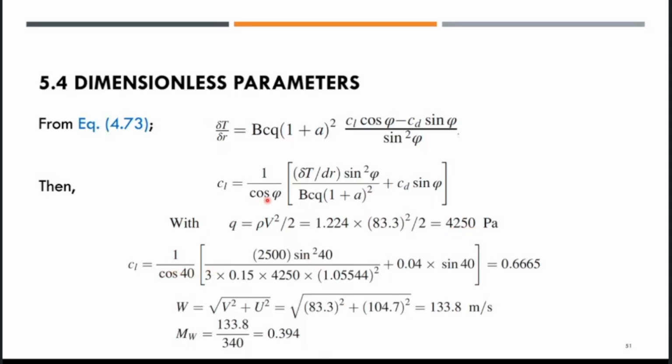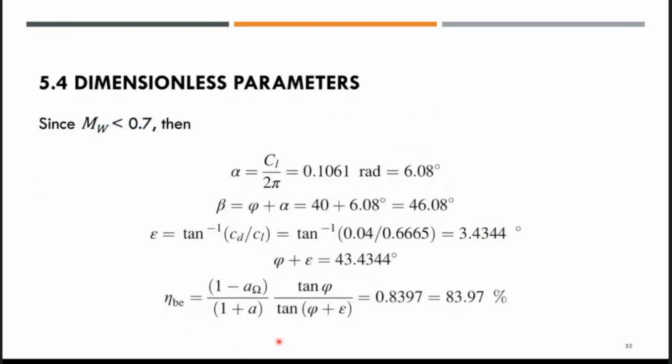Putting into the expression for the coefficient of lift, you get it to be 0.6665, and then you have the W expression, you get 133.8 meter per second. Then using the expression for the Mach number, the Mach number is equal to 0.394.